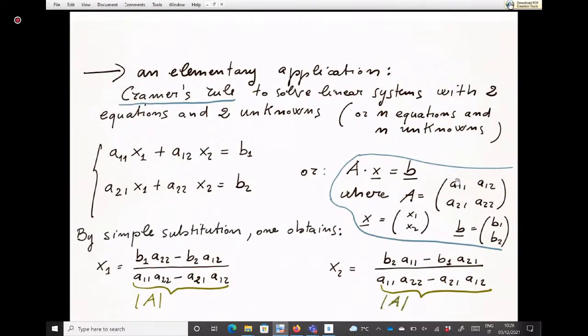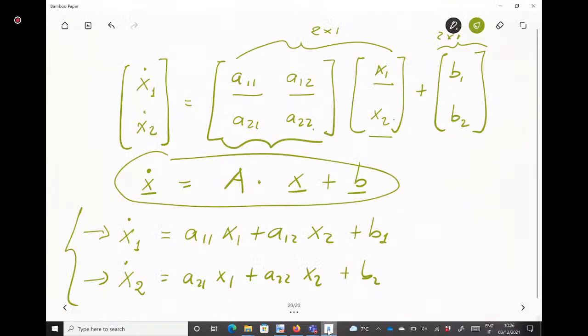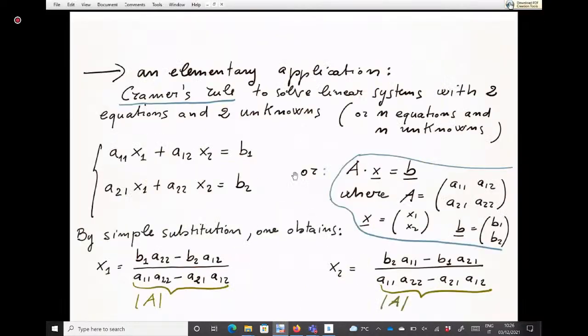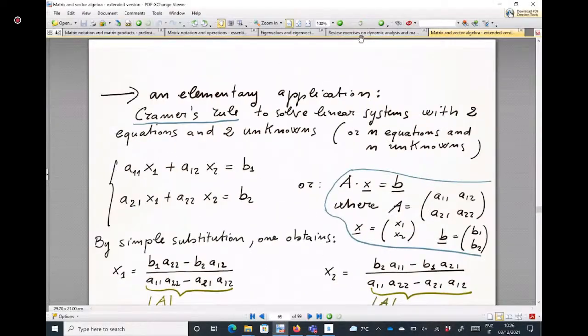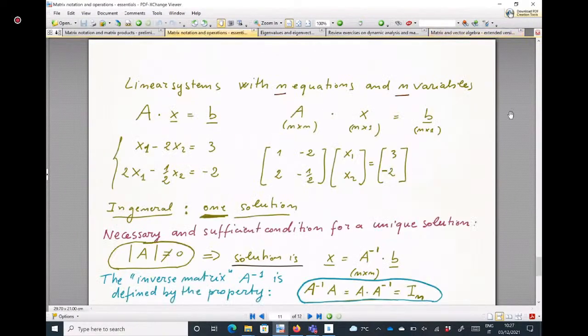Suppose that you want to solve this by substitution. What would you do? Go back to our example here, which was in the other set of slides. So let me solve this. Okay, so x1 minus 2x2 equal to 3.